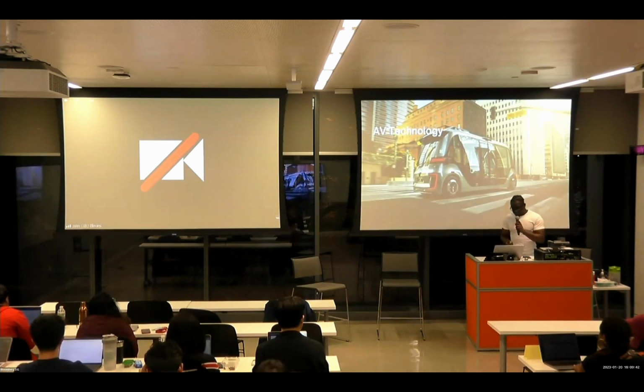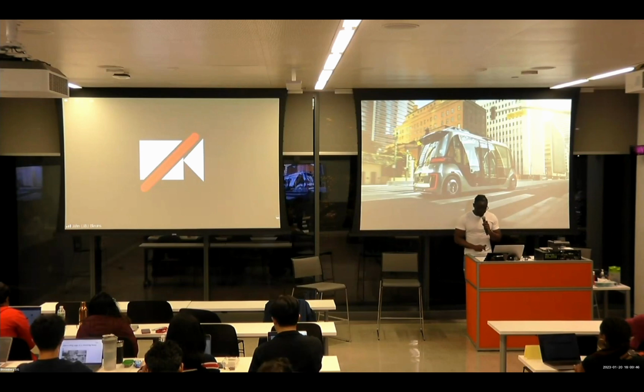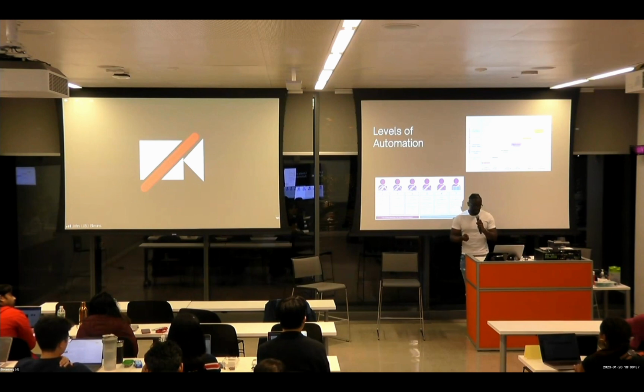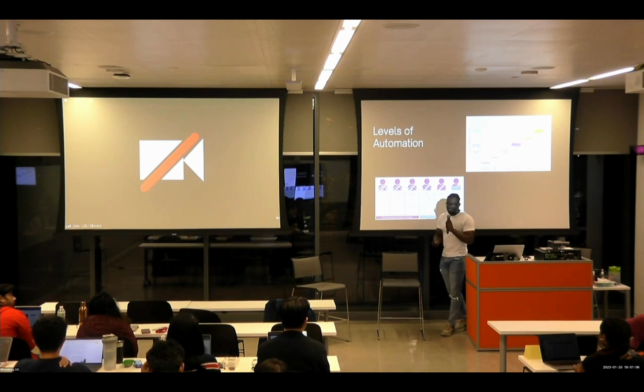Now, in terms of the technology, there are 6 levels of automation. 0 being zero automation, 1 known as driver assistance. In this case, the driver is hands-on. 2 being partial automation, hands-off. Conditional automation, eyes-off.